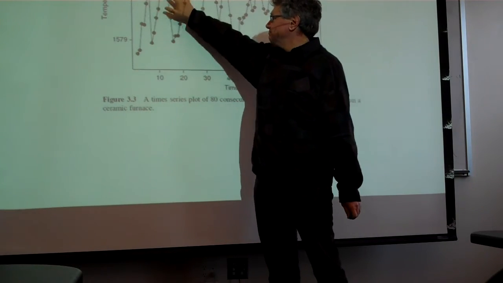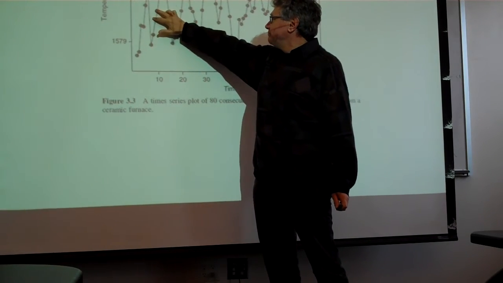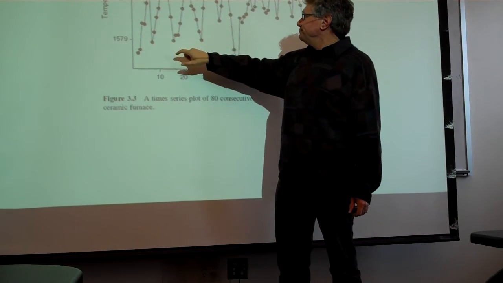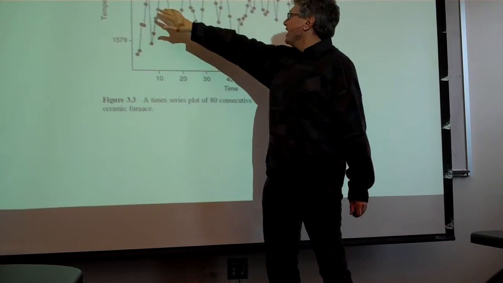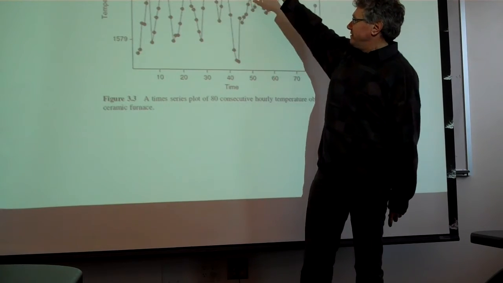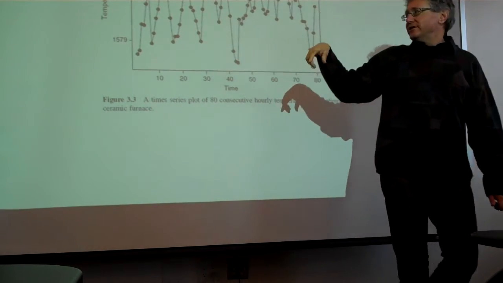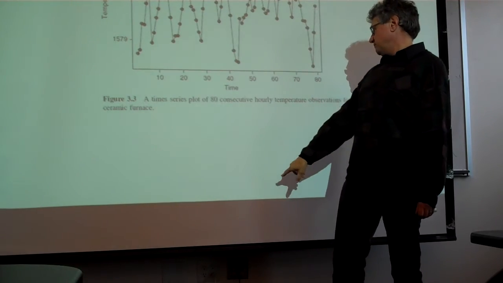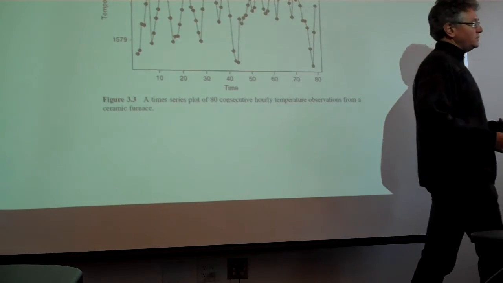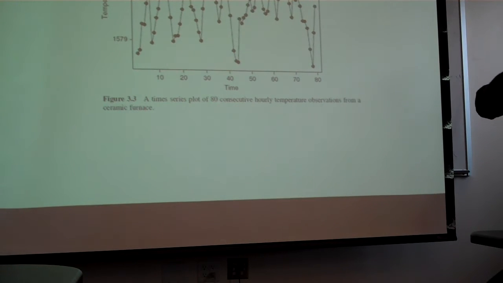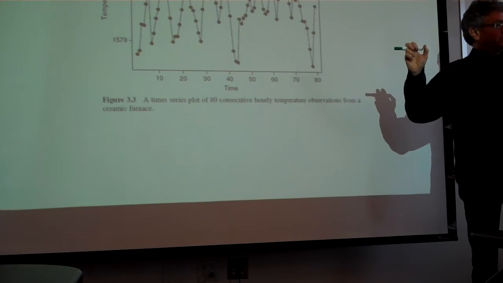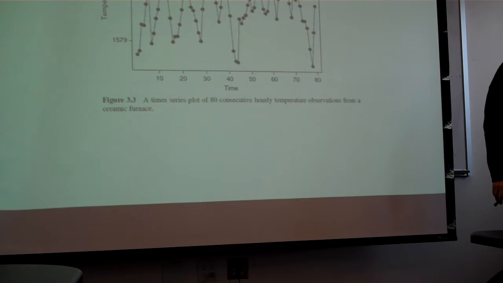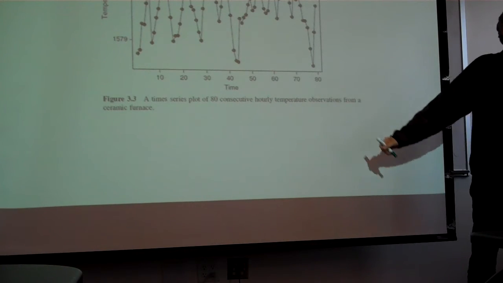In this case, you can see that nearby observations seem to be correlated, and there's almost a regular cycle of period 10 hours or so. Certain kinds of AR2 models will give you that pattern. So how do we analyze a time series like this?